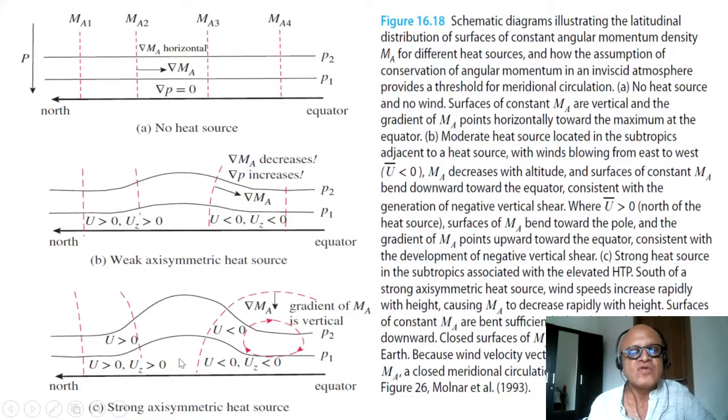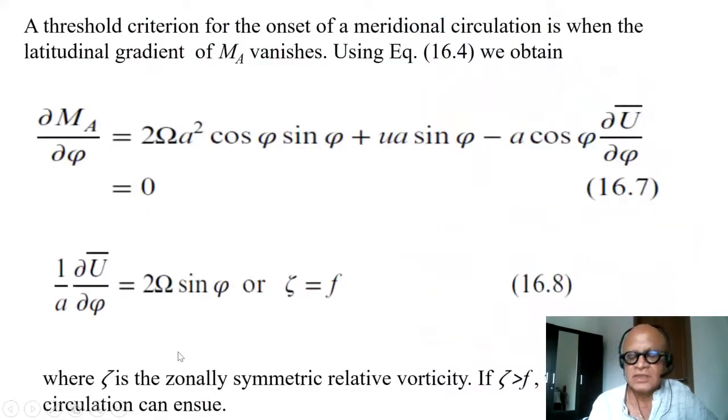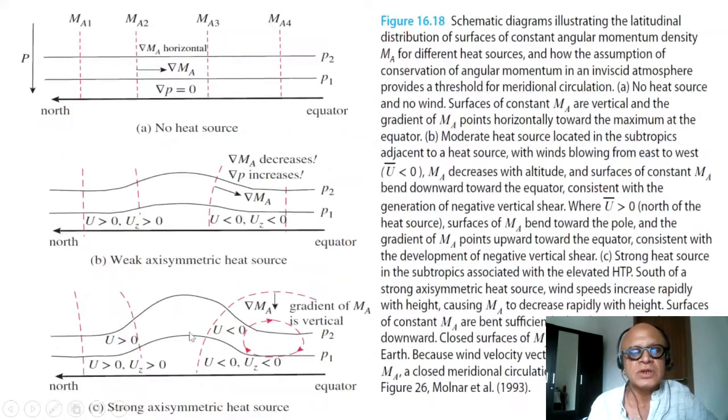And the main thing to look for here is to see how strong the heating has to be. Okay, if you do the simple calculations we will do in a minute, as you will see, the pressure lines will continue to be lifted, and the angular momentum lines will continue to be distorted till the gradient of M_a is pointing straight down towards Earth.